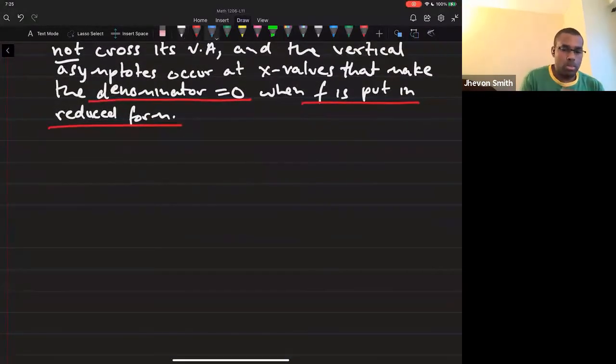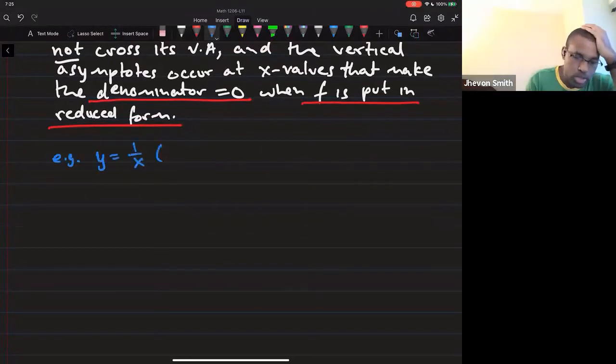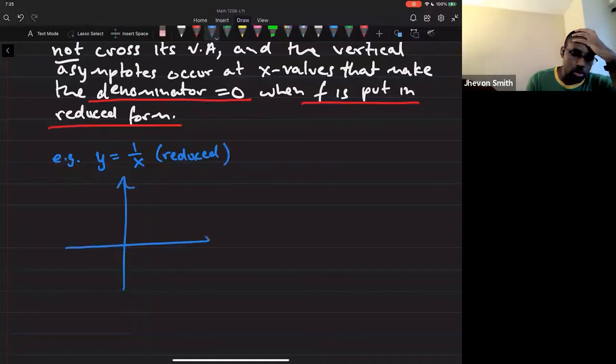I should give an example. Yeah, so y equals 1 over x. This is reduced. So we have this.